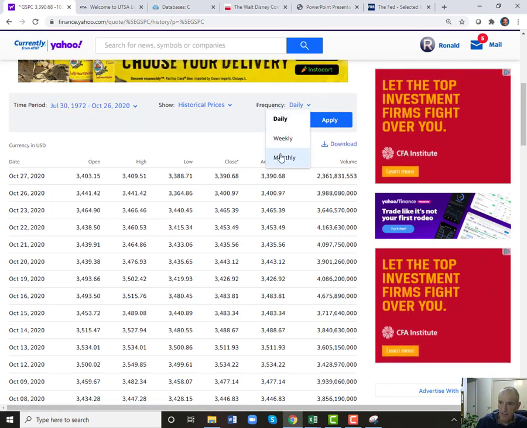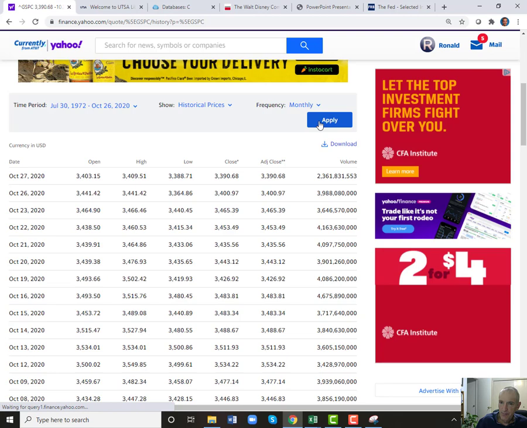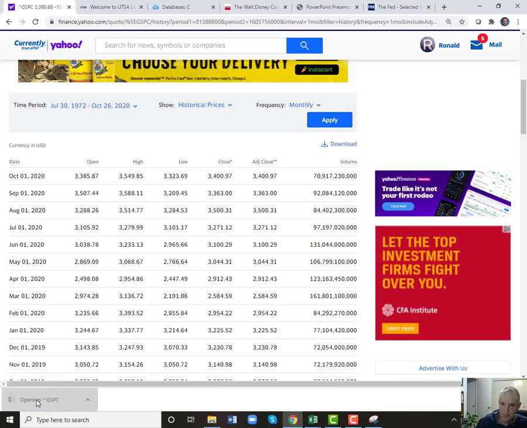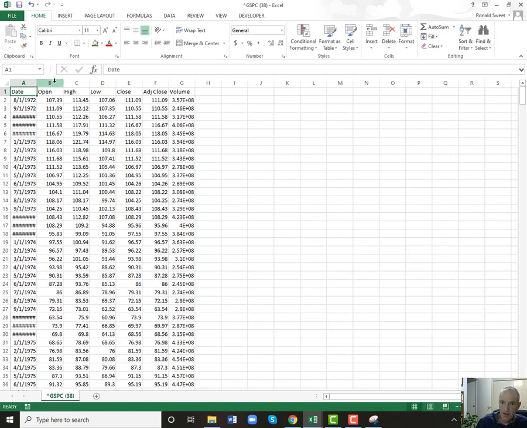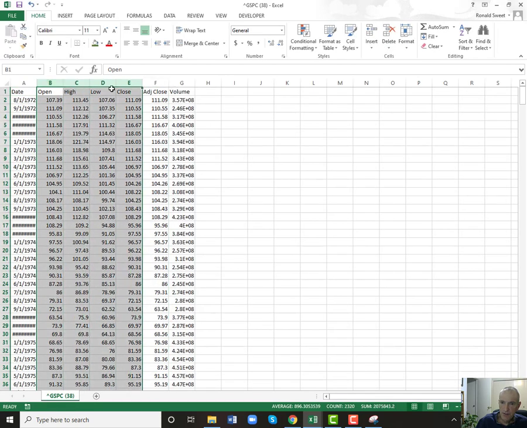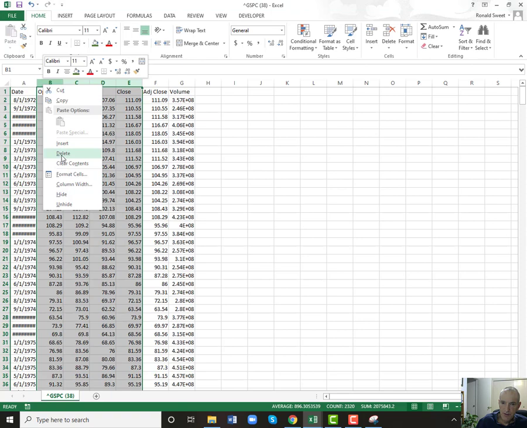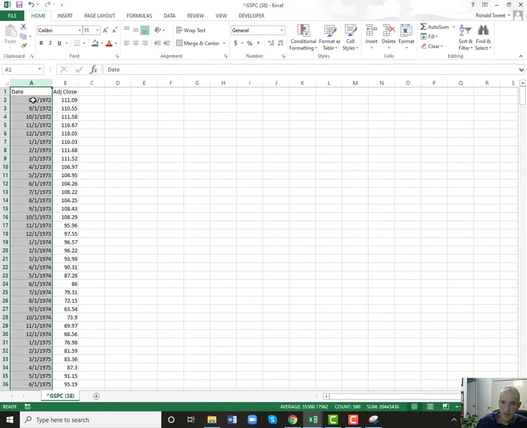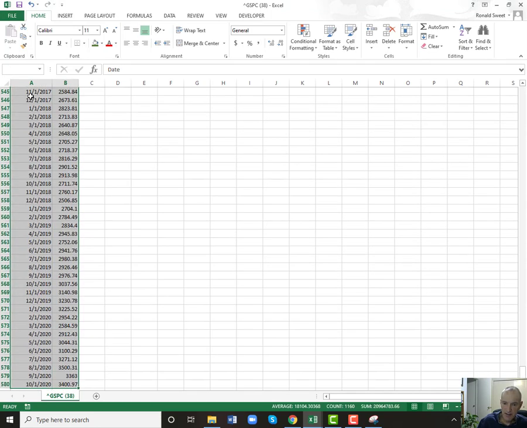Again, do monthly and apply, and then download that. And again, we only need adjusted close, and really for S&P, you could just use the close. It's a price only index, so the adjusted close and close are the same. So I'm going to take that and copy it over.